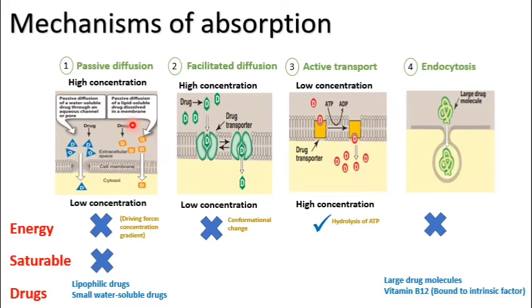Passive diffusion doesn't need carriers, so it's not saturable. Facilitated diffusion and active transport need transporters, so they are saturable mechanisms. But endocytosis is not saturable.